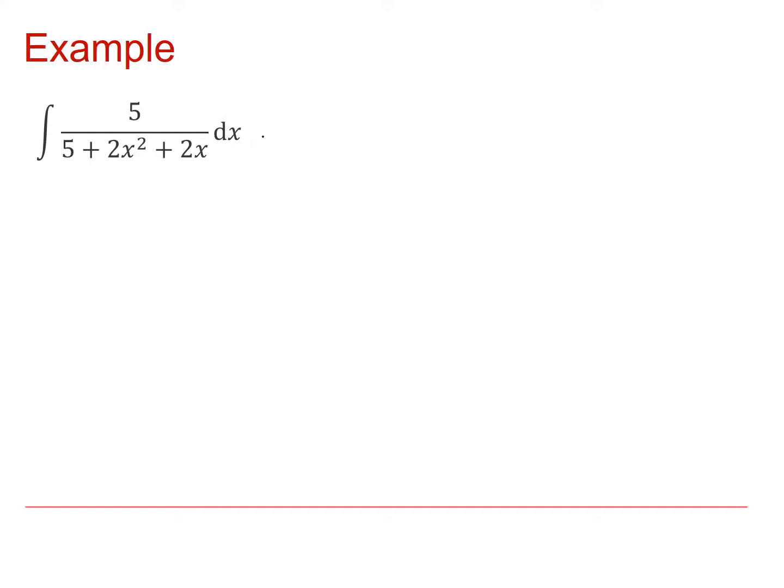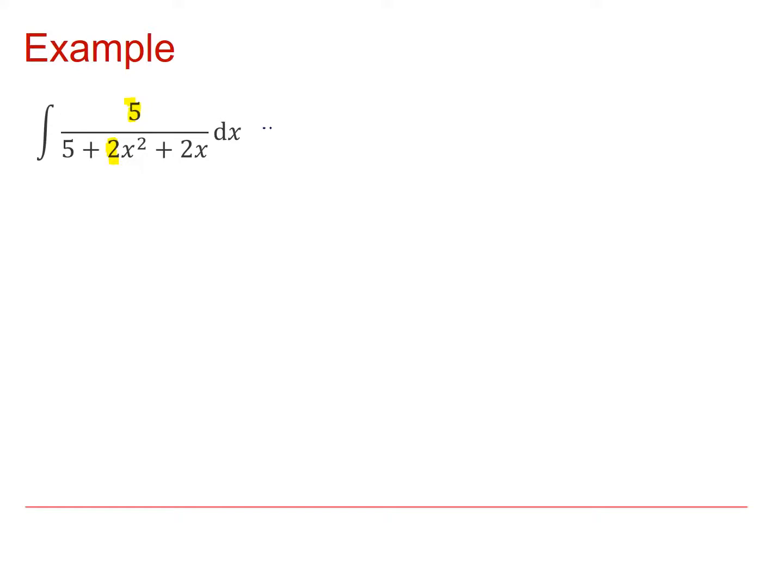Well, the first thing to note is I've got here 2 lots of x squared, and my standard integral only has 1 lot of x squared. So I'm going to take a factor of 2 out of the denominator. I've also got a 5 on the top, and in my standard integral, I have only 1 on the top. So I'm going to take a factor of 5 out of the numerator.